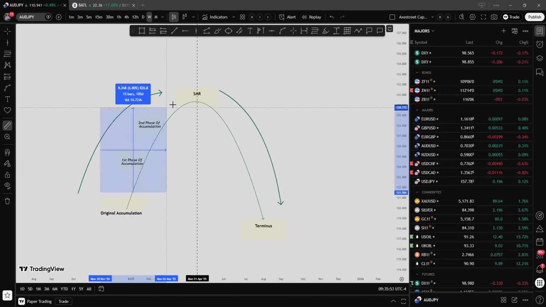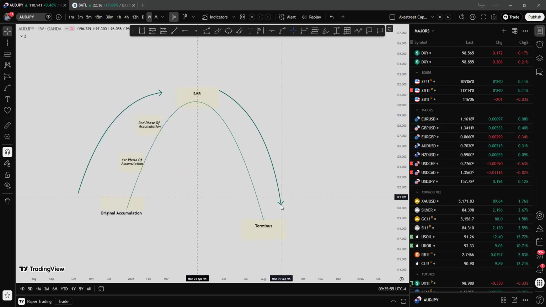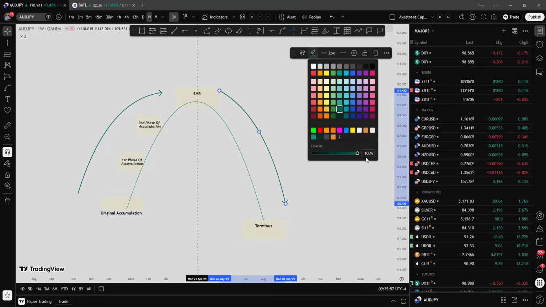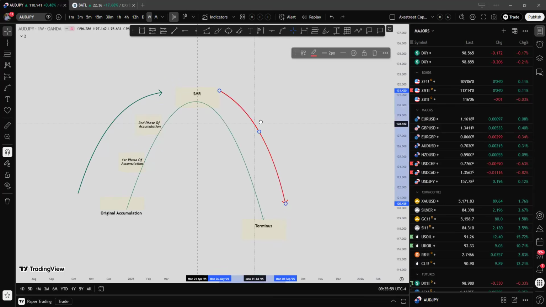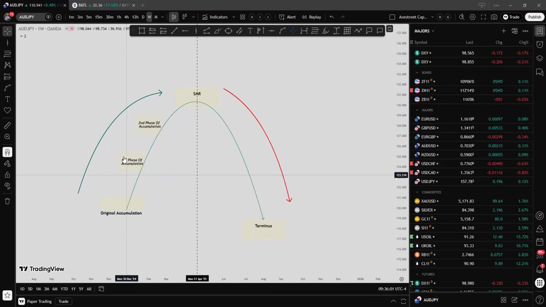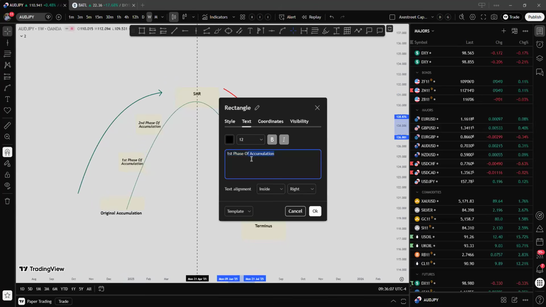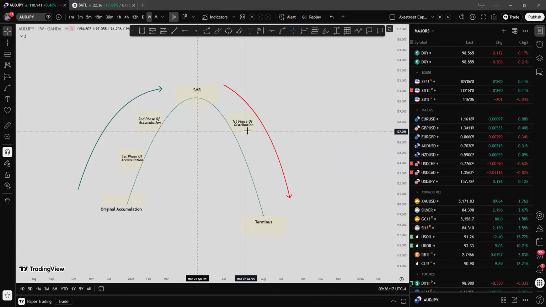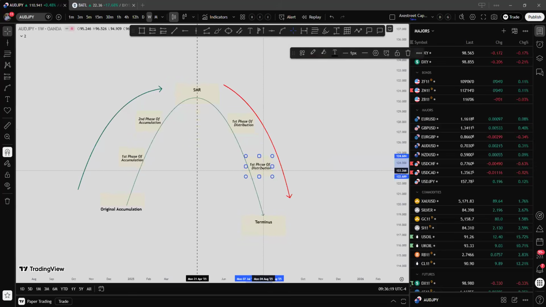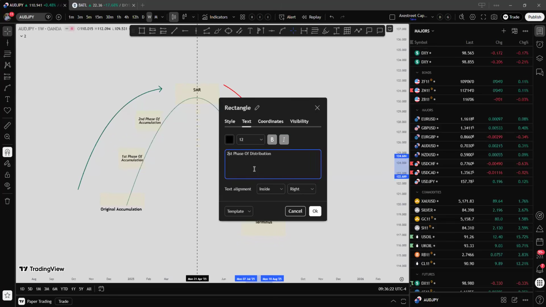So these are the accumulation phases on the buy side of the curve, and on the sell side of the curve, we'd have the distribution phases. Just like we have the first phase of accumulation on the left-hand side, on the right-hand side, we'll have the first phase of distribution. Then we'd have the second phase of distribution.